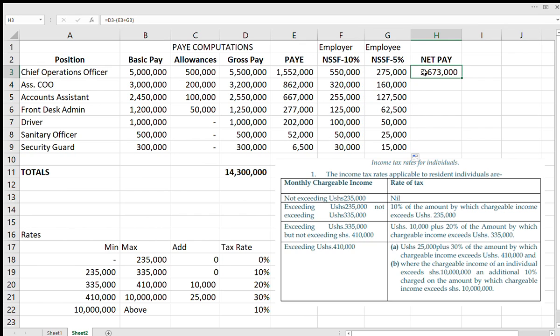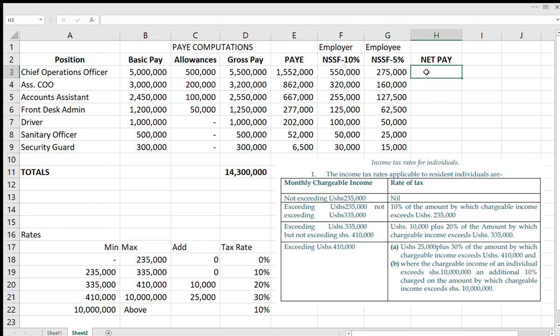Now when it comes to what we call net pay, net pay is the amount of salary a person is going to take home after deducting pay as you earn and also deducting NSSF. Good.